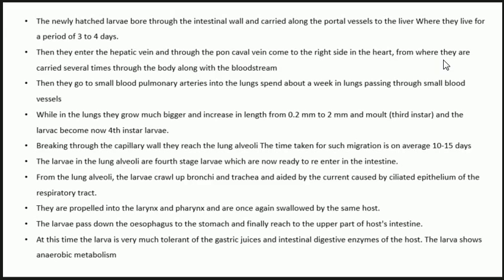Now here the transfer of these larvae takes place. A lot of detail is there, so I'll tell you how it takes place in the next lecture, because once I start this, there will be continuation: the entry point, where they travel, and how they get entry into the stomach.